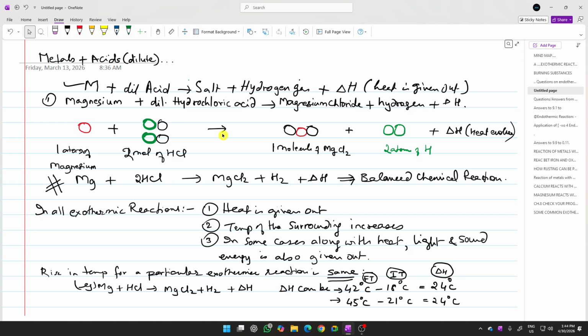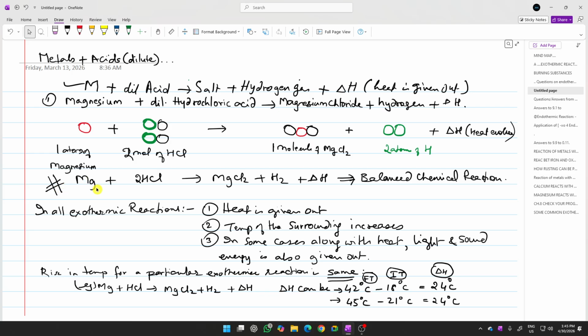The two black circles on both sides indicate two chlorine atoms. So all the elements, magnesium, chlorine and hydrogen, are in the same amount, atom-wise, on both sides. This is known as a balanced chemical reaction.